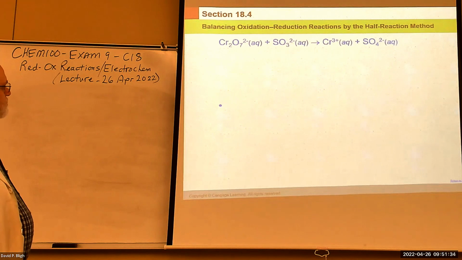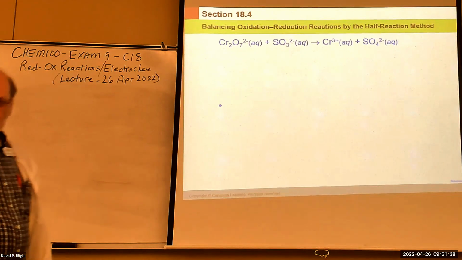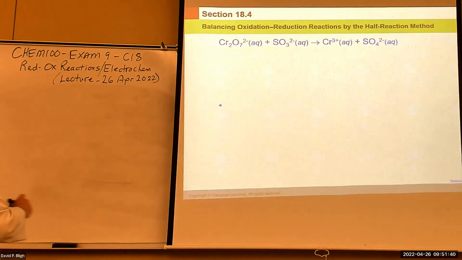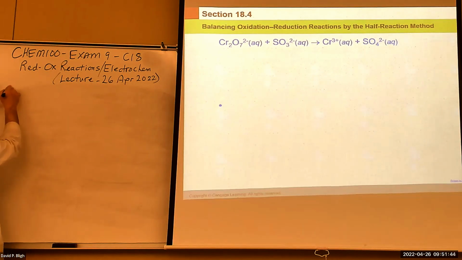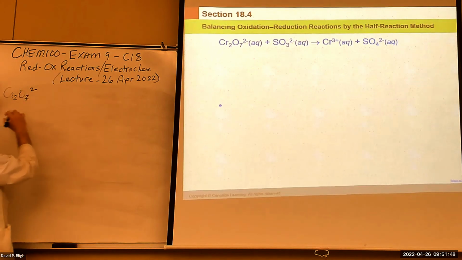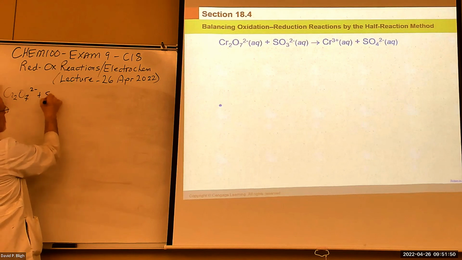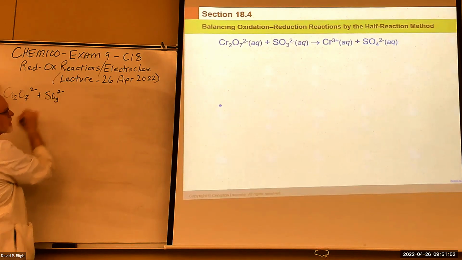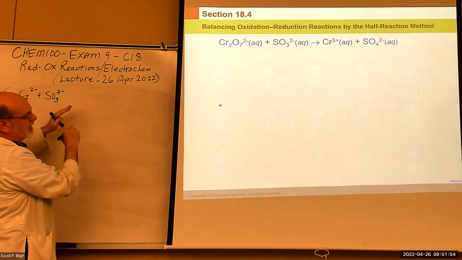Okay. So here's our example. Let's see, how much room do I have on the board? Squeeze it over here, maybe. Cr2O7 2-, plus SO3 2-. That's the sulfite ion.